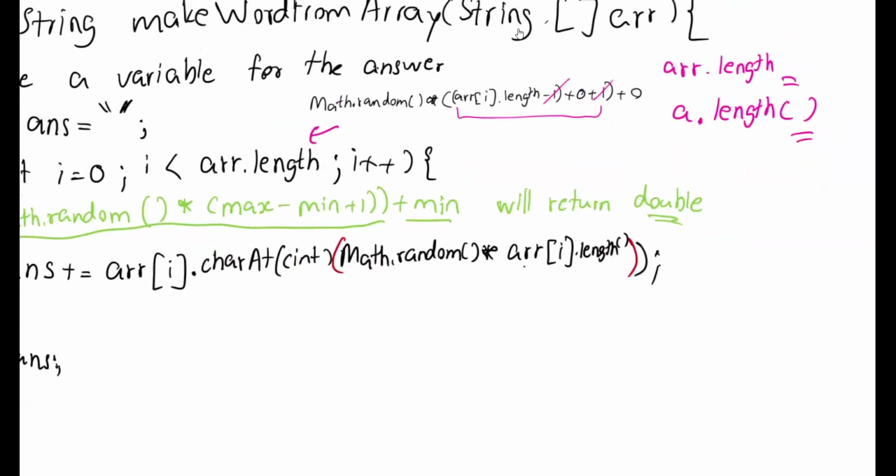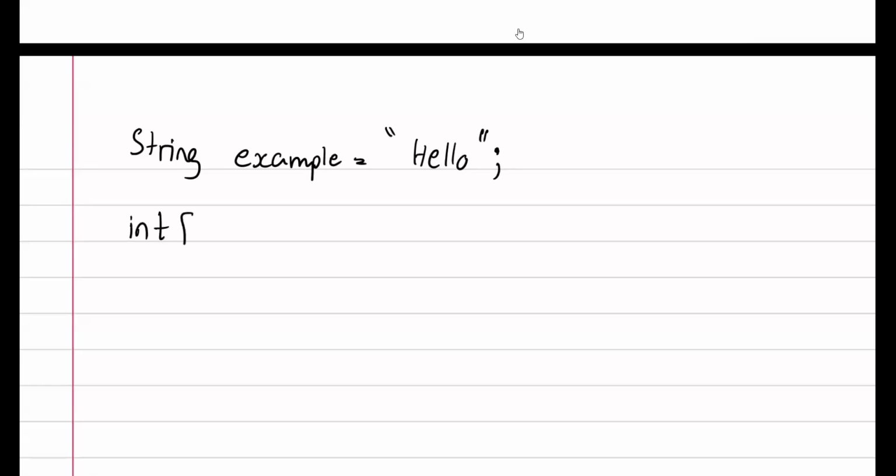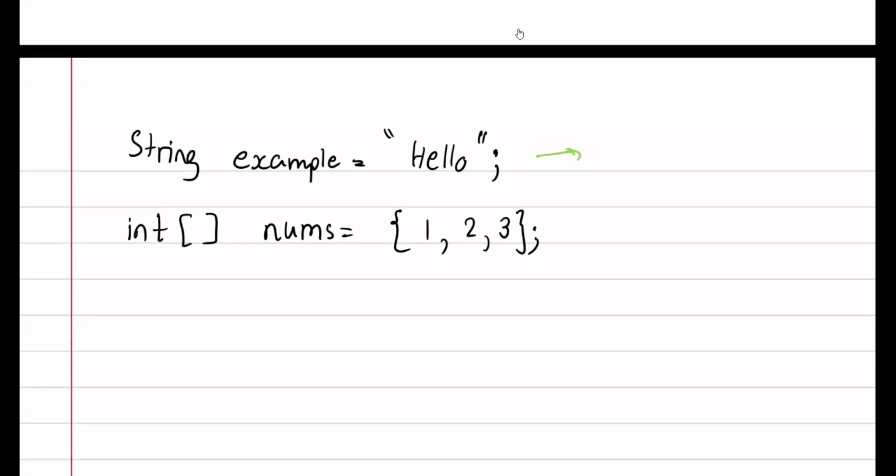Okay, let's say you have a string called, let's say, examples equal to hello. And then you have an integer array called names, with 1, 2, 3. So how can you get this length and how can you get this length?